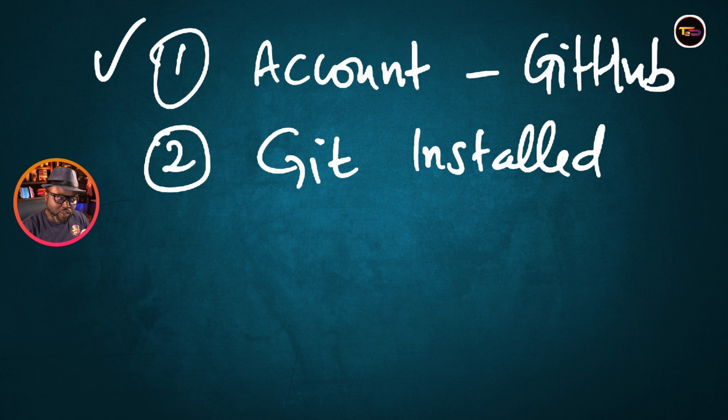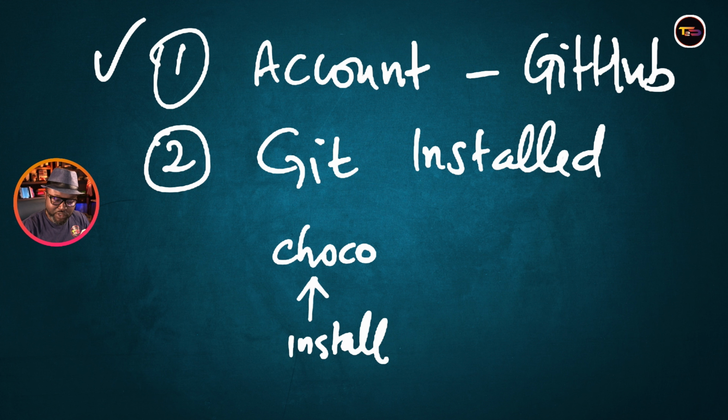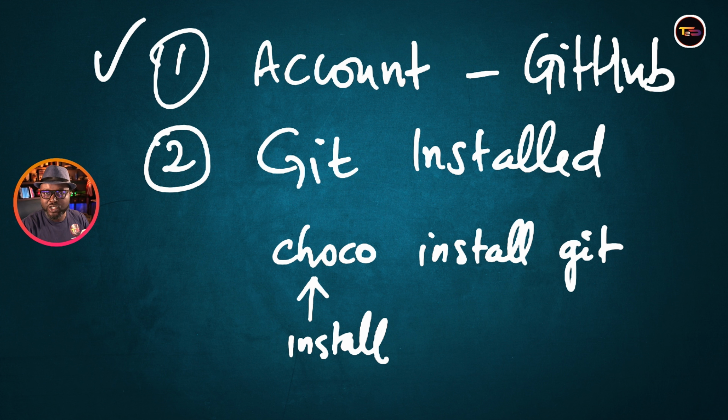For Windows, you're going to need to use choco install, meaning that first you have to install Choco on your system. Okay, choco install git. And how to install brew on Mac OS, how to install Choco on Windows, just Google it. It's very, very simple.